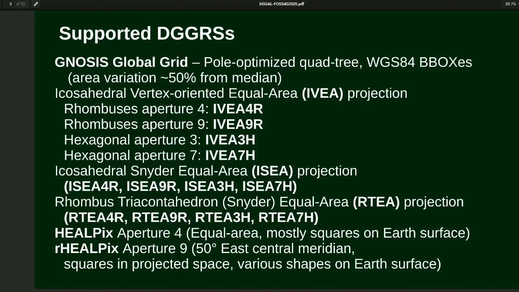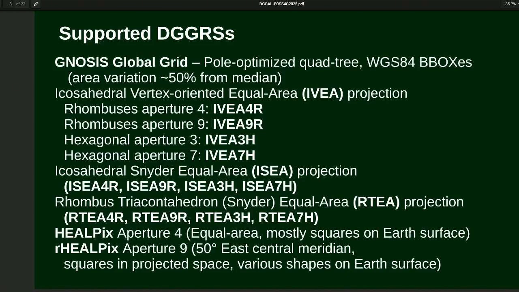The Gnosis Global Grid is quite simple and very fast because there's no projection involved. It works directly with latitude and longitude, and all the zone geometries are WGS84 bounding boxes. Despite the fact that it's not equal area, there's a logic in there that tries to maintain approximate equal area, so the maximum variance is about 50% from the median area.